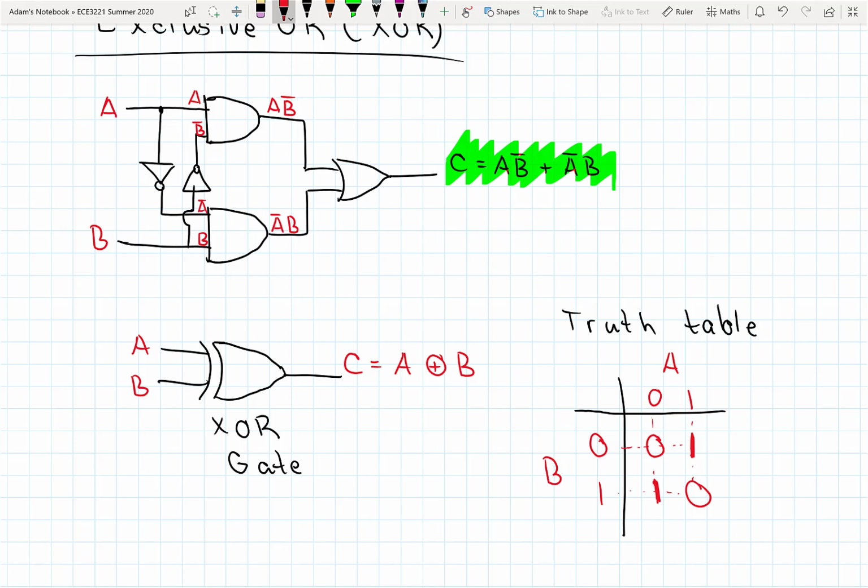Okay, so again, you might be thinking at this point, why am I reviewing these very basic logic gates? We spent a lot of time in digital logic investigating these.